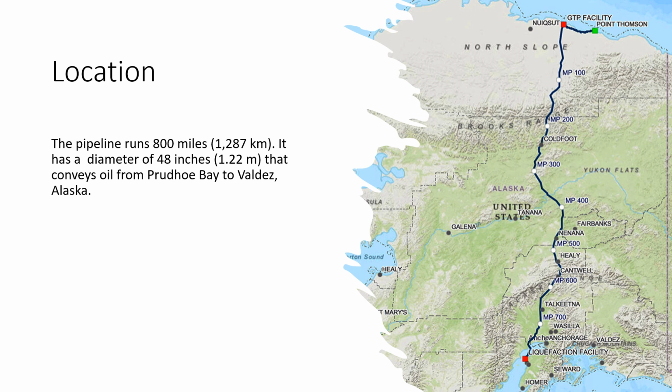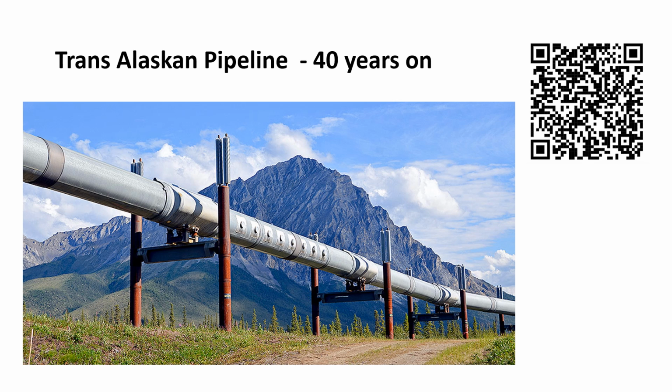But this is a significant human activity. The development, the building of this has been quite challenging. It has been there for well over 40 years. I suggest you pause the video, use the QR code to watch a little summary of what's happened over the last 40 years for this pipeline.